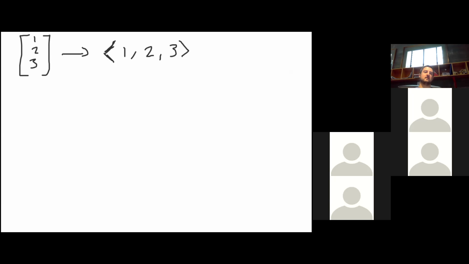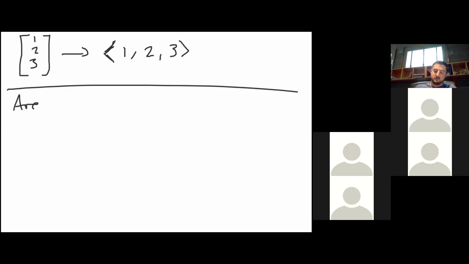So this is another way you'll see vectors being written, but they're representing the same thing. This is a vector where the first element's 1, second element is 2, and third element is 3. Let me draw an arrow back and forth between those at the top.